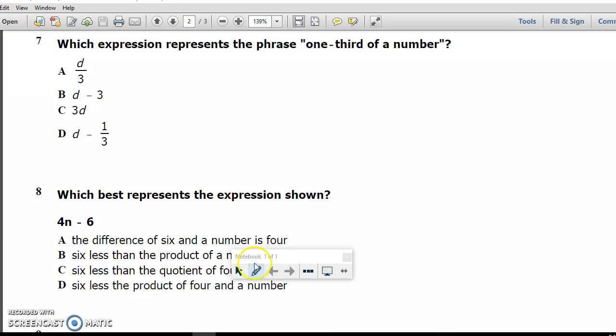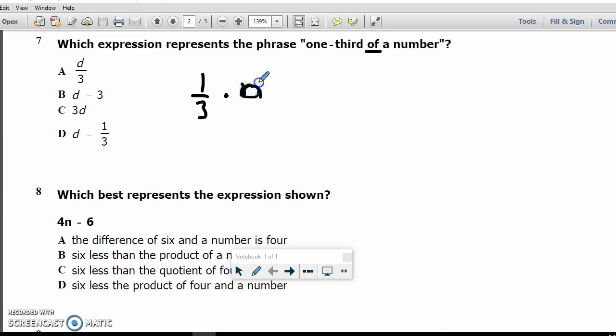Number 7 says, which expression represents the phrase 1/3 of a number? So when you see the word of, that means you are multiplying, but don't let that confuse you. Let's work that out. So 1/3 times a number. Okay, we don't see that answer choice there.